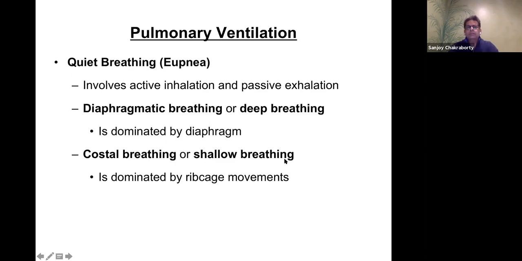So quiet breathing, which is commonly known as eupnea, eu means good, nia means breathing. So good breathing or quiet breathing involves an active inhalation. What does that mean? Active inhalation means your skeletal muscle contracts here.